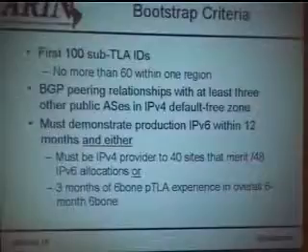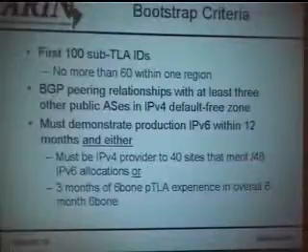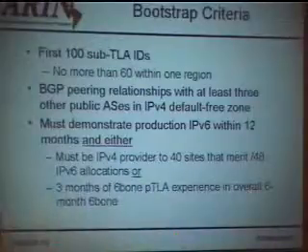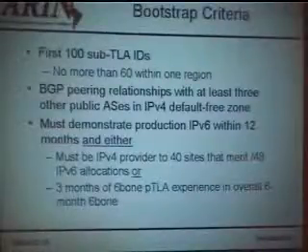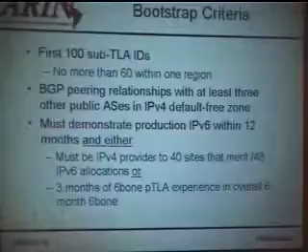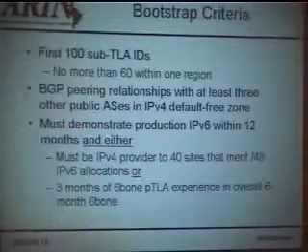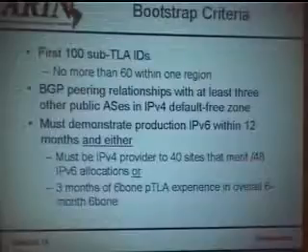In addition to that, the organization must demonstrate intention and solid network deployment plans for production IPv6 services within 12 months of the allocation by the Regional Internet Registry, and meet either one of 2 other criteria: the requesting organization must be an IPv4 provider to at least 40 sites or customers that would merit or qualify for a /48, an NLA, or a set of bits in which to do aggregation in IPv6 at the /48 level, or have 3 months of 6-bone pseudo-TLA experience and overall 6 months of experience working with the 6-bone group.